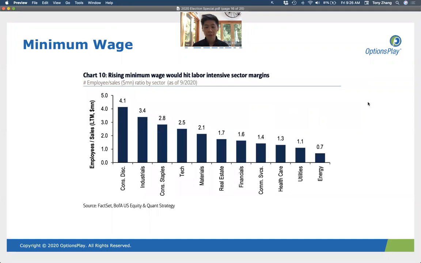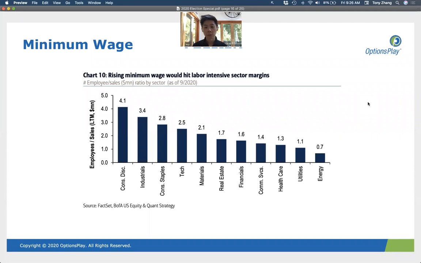Now, one of the other issues on hand is really the federal minimum wage. Federal minimum wage, I think, is somewhere around a little over $7. Biden is suggesting that he wants to move it to 15, which many states have already adopted. So it's not something that's going to affect all states equally.